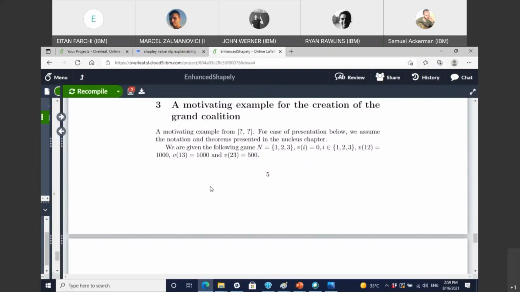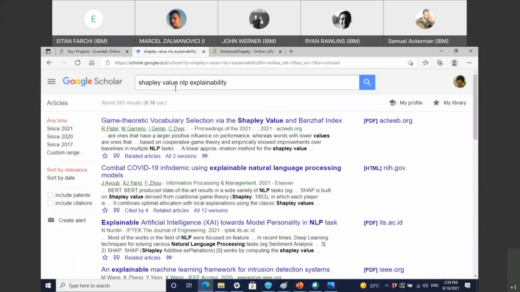So there are now Python libraries for the Shapley value, and there's a lot of interest from a research point of view. If you search Shapley value and explainability, you'll get a lot of entries.